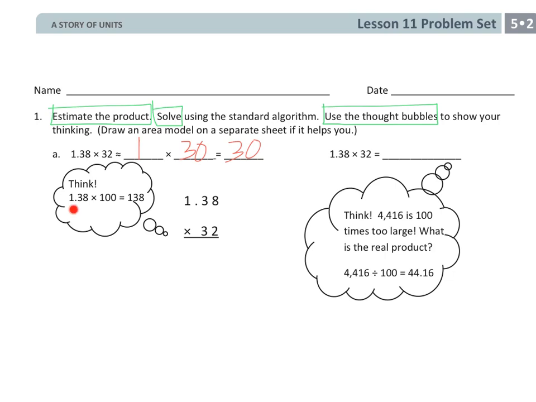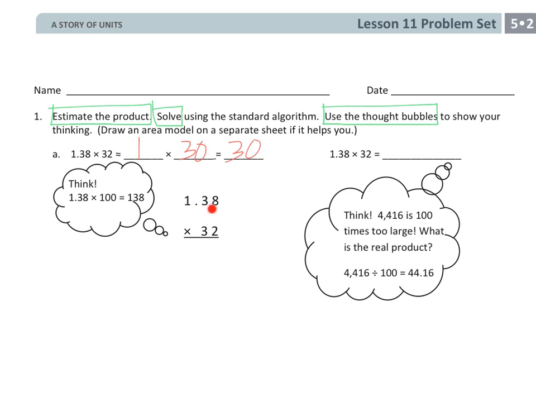Now look at this thought bubble right here. So if we wanted to make 1 and 38/100ths to be all out of hundredths, we would have 138/100ths. That's like saying you can multiply it by 100 and you would get 138. All right, so imagine now this decimal is gone.